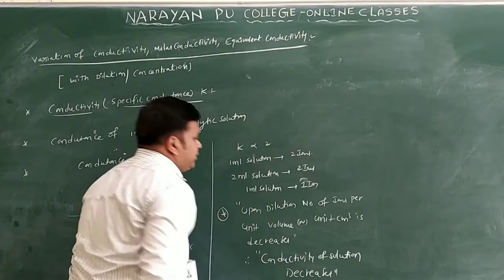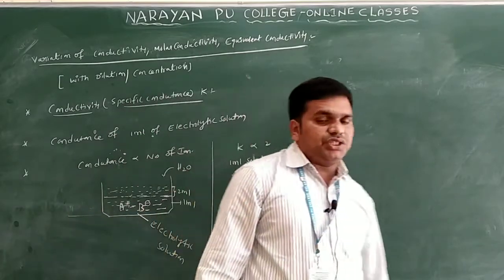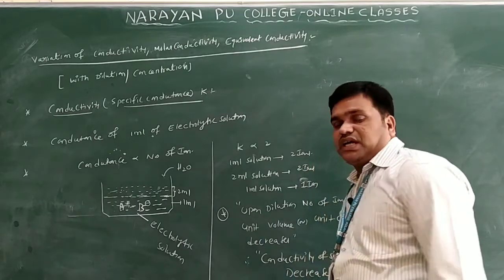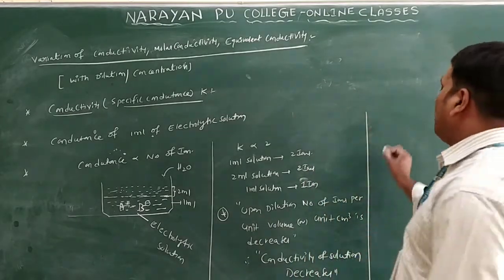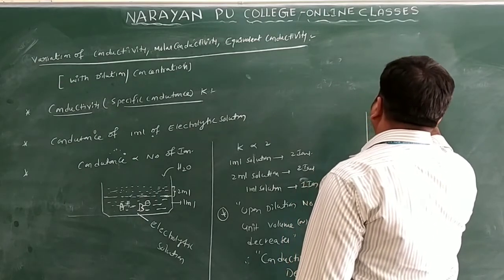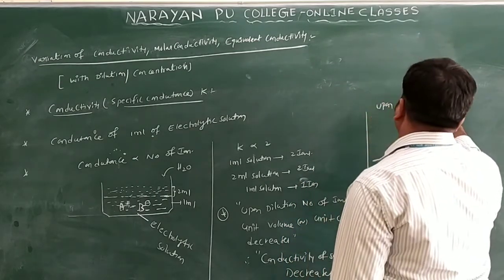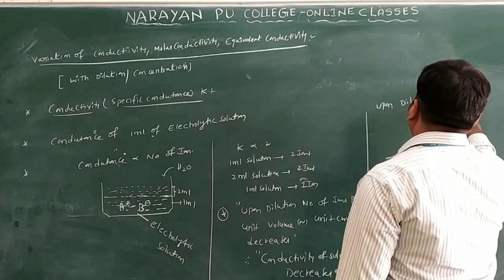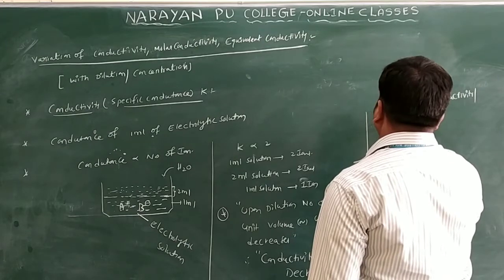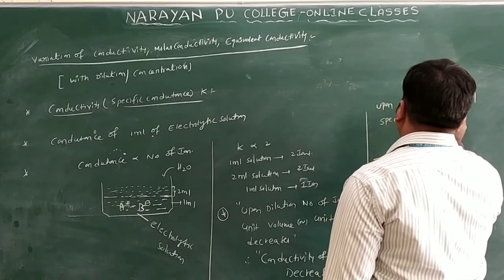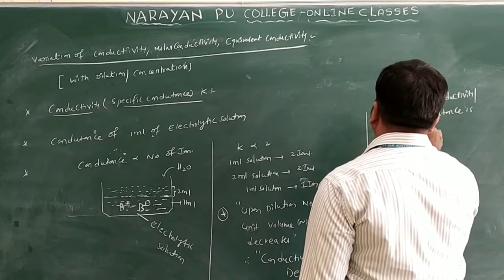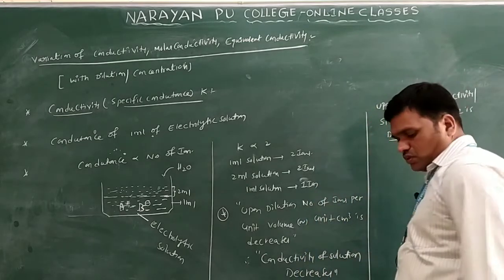Very important point here. Upon dilution, what is the variation in the conductivity and the specific conductivity? Conductivity and specific conductance decrease upon dilution only. So I will write here, upon dilution, conductivity or specific conductance decreases only.